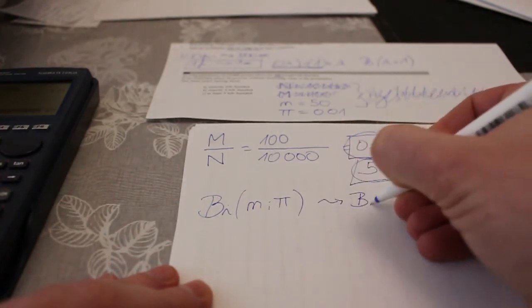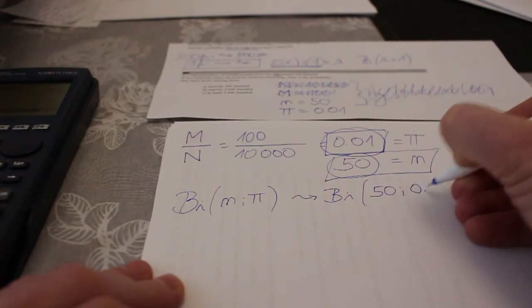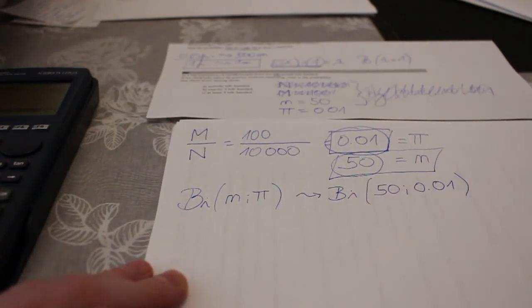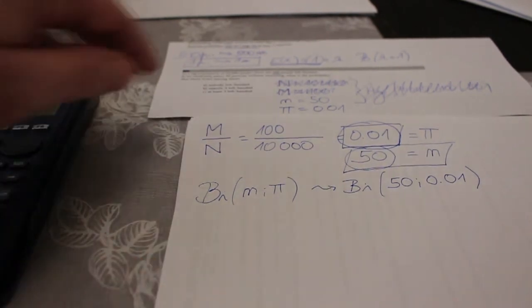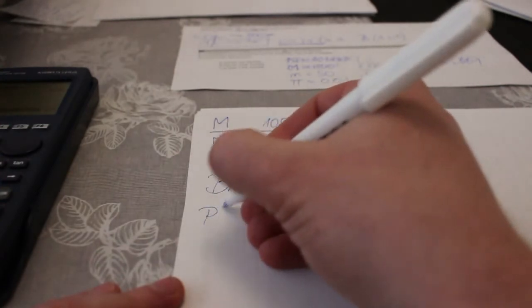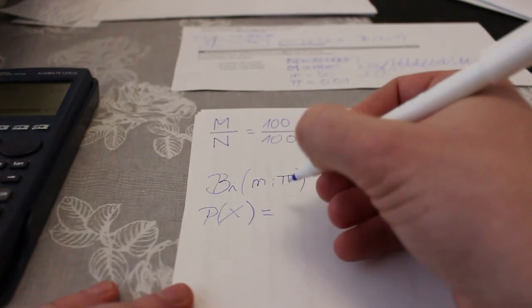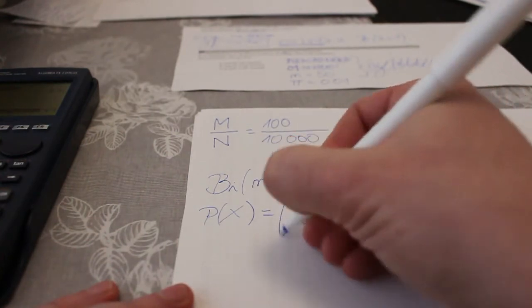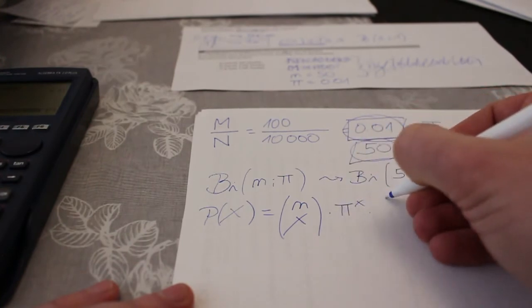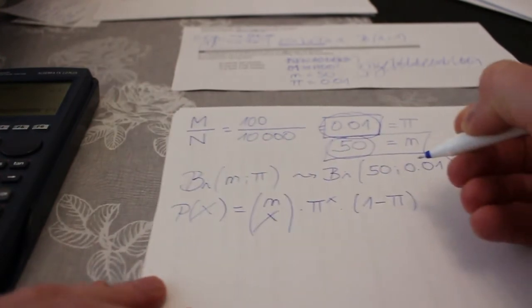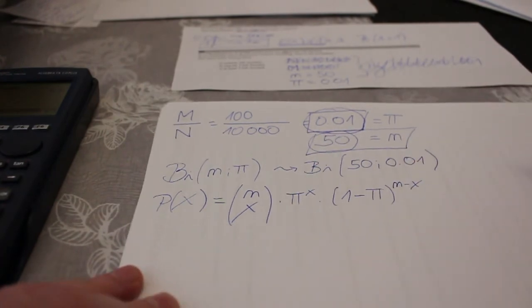Yes, binomial distribution with parameters 50 and 0.01. Can you find probability function in your formulas? Probability that random variable x will be equal to x can be calculated like n above x, yes, times p powered by x times 1 minus p powered by n minus x, yes.